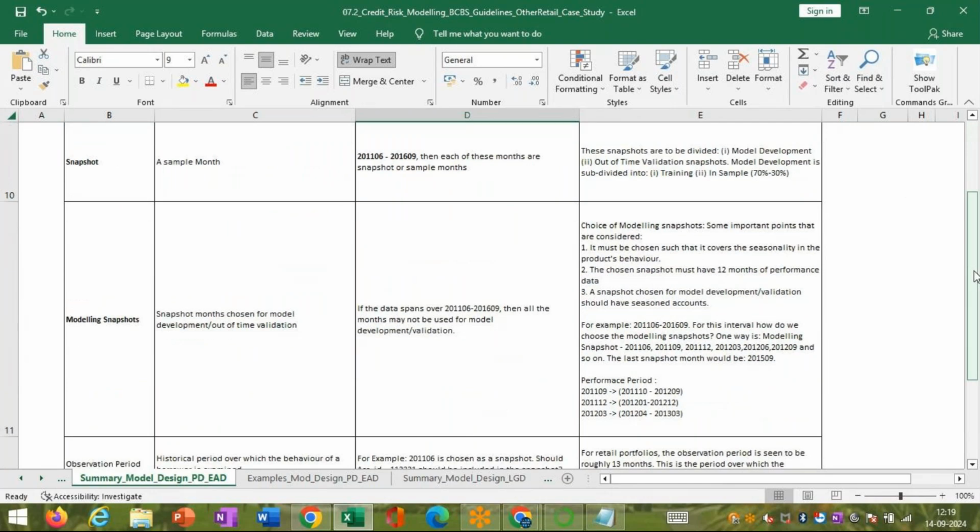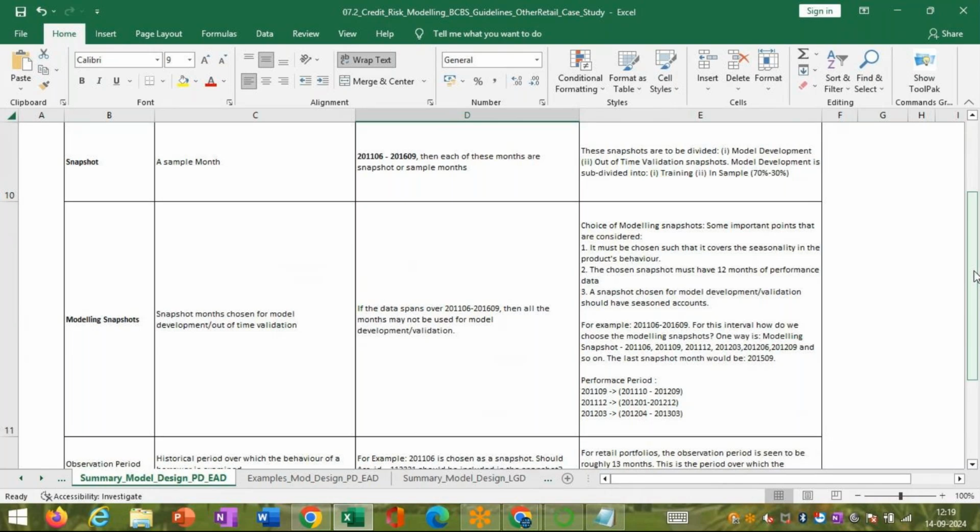So how is a modeling snapshot different as a concept from snapshot months? The snapshot months chosen for model development and out of time validation are known as modeling snapshots. So how do we identify this?